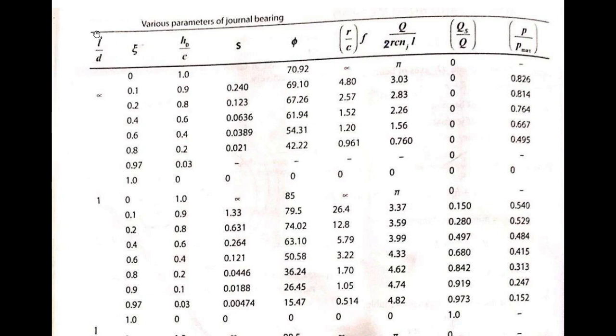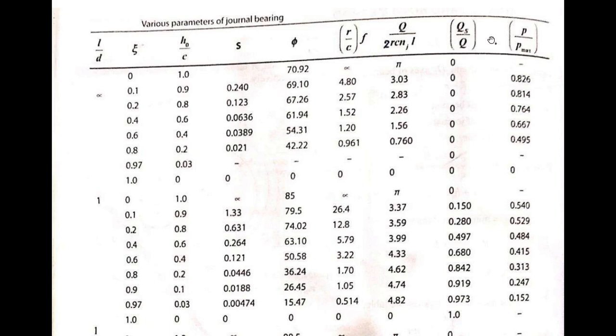Here the L by D ratio, h naught upon c, Sommerfeld number S, position of minimum film thickness phi, coefficient of friction variable R by C into F, Q upon 2 RCNL, QS upon Q, P upon P max. These are the dimensionless parameters. We already know these dimensionless parameters.